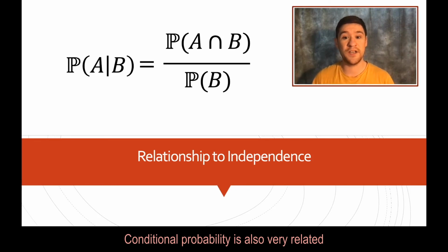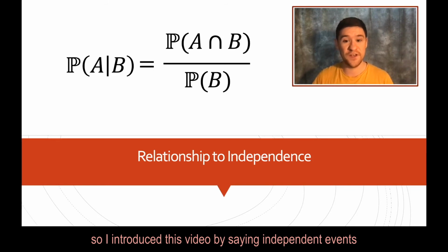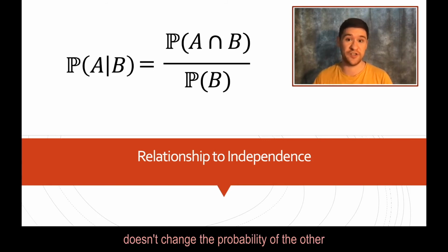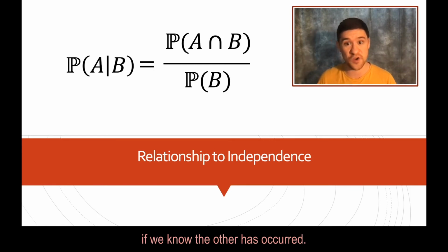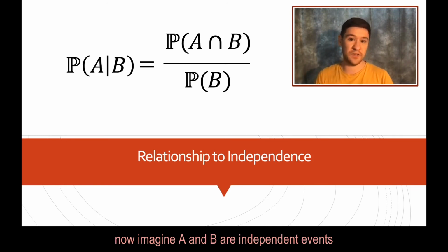Conditional probability is also very related to the concept of independence. So I introduced this video by saying independent events, knowing one has occurred doesn't change the probability of the other, and a conditional probability is the probability of one happening if we know the other has occurred. Looking at the equation for conditional probability, now imagine A and B are independent events.